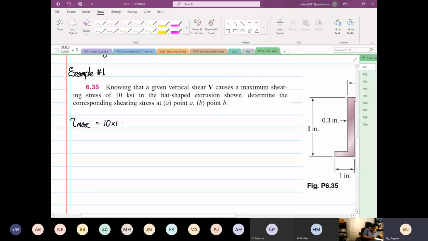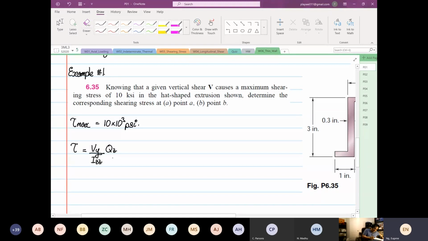The formula that we're going to apply is tau equals Vy over Izz, Qz multiplied by T.